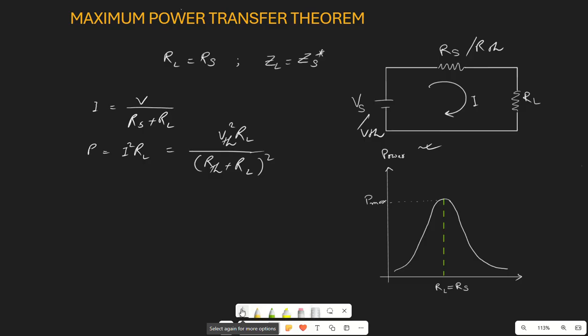Now, what we know is that when maximum power is transferred to the load, dP/dRL should be equal to 0.